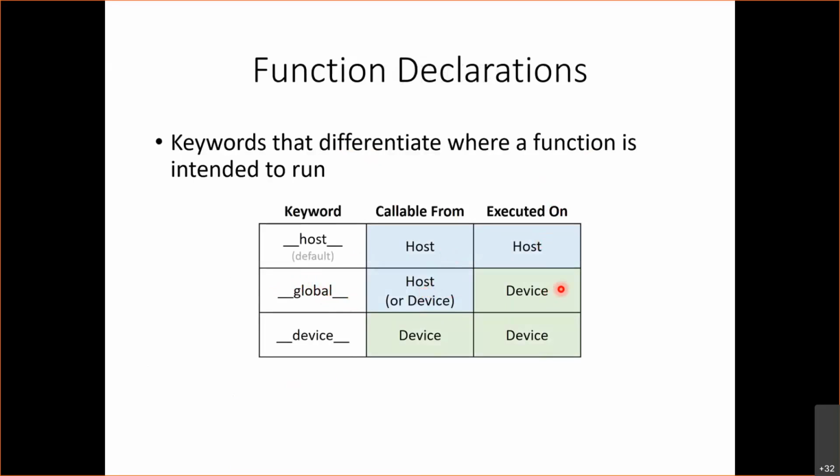Okay, we also have another type of function, which is a host function. And the host function is basically the regular C function. So if I don't write anything before my function, by default, this is a host function that runs on the CPU. And then there's a third kind of function, which is a device function, which is a function that is called on the GPU and runs on the GPU.